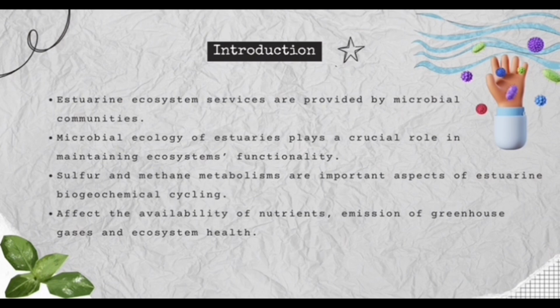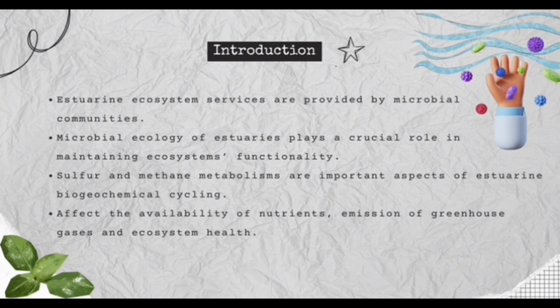Microorganisms are central to estuarine ecosystems, inhabiting every niche and profoundly influencing crucial ecological processes. Microbial ecology of estuaries plays a crucial role in maintaining ecosystem functionality. Sulfur and methane metabolism are important aspects of estuarine biogeochemical cycling, driving critical processes which affect the availability of nutrients, emission of greenhouse gases, and ecosystem health.